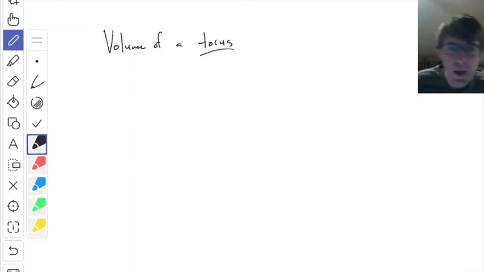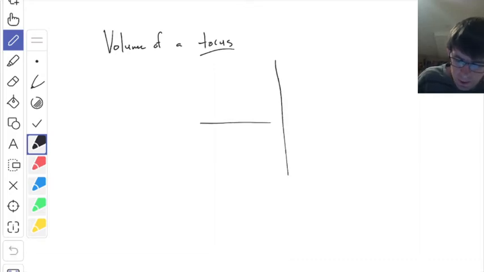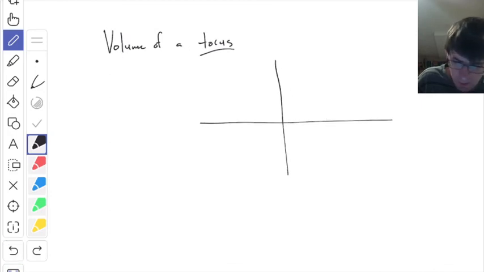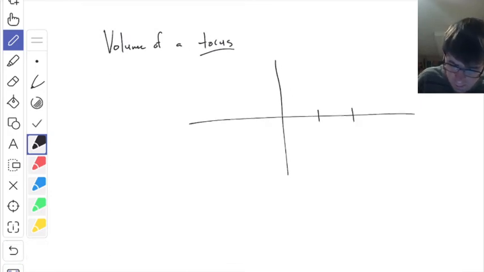Torus is the mathematical word for a donut shape. Now, how do you make a donut shape? You would take a circle over here and spin it around the axis. So, in particular, I want the torus that looks like this.